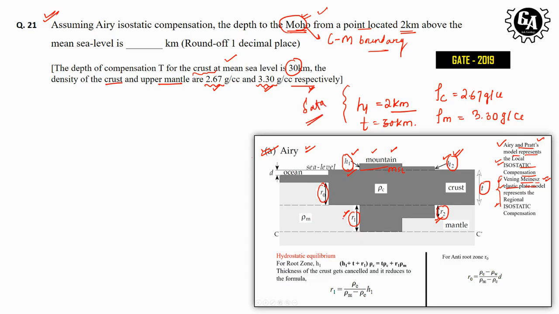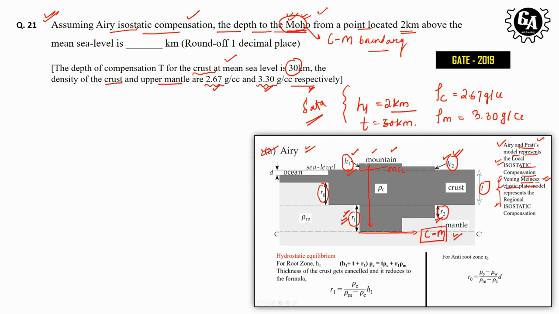Now it is asking the total depth. Assuming Airy isostatic compensation, the depth to the Moho means from the top of the continental crust to the crust-mantle boundary, that is the Moho.